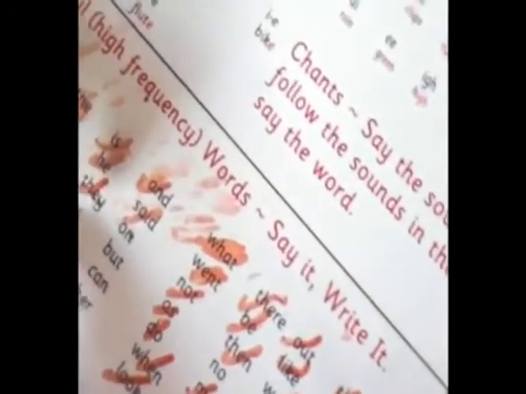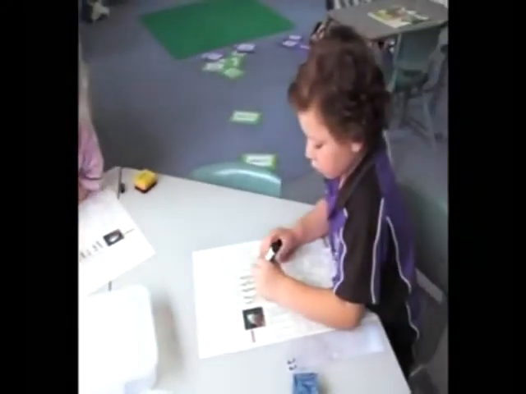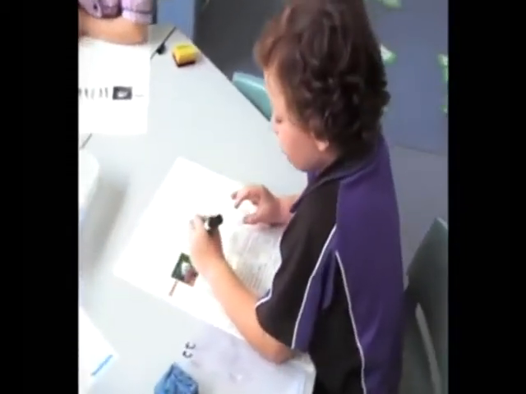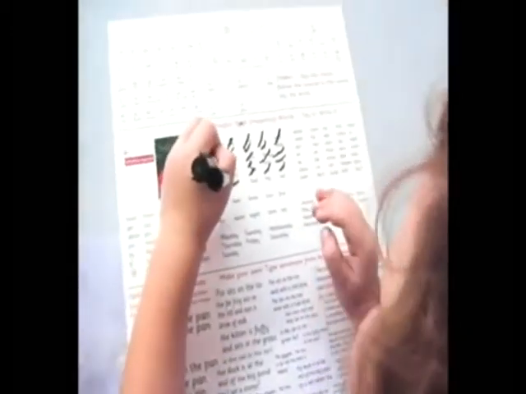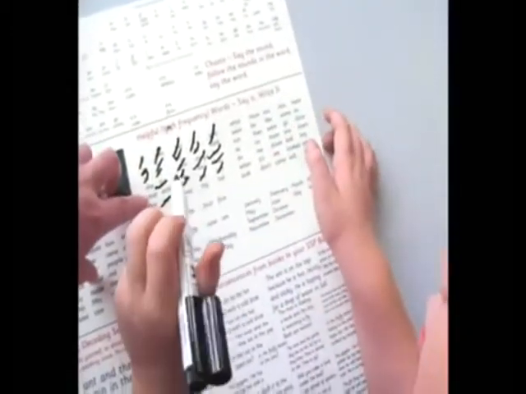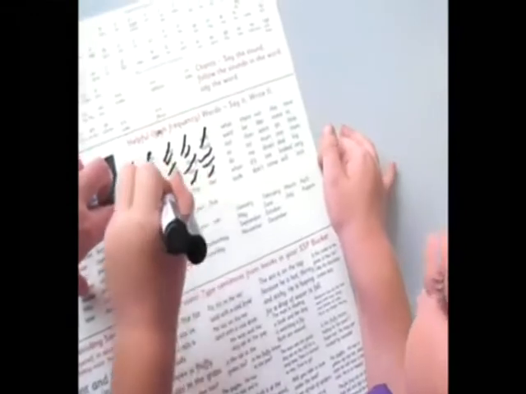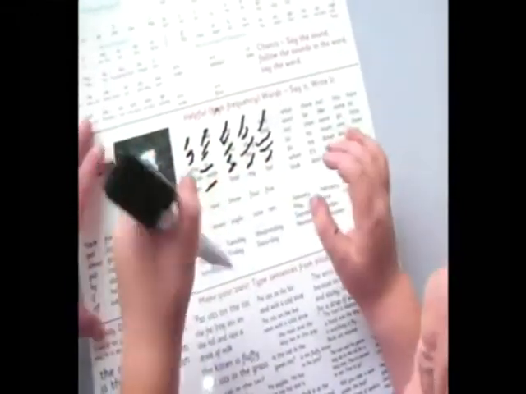Try that one again. A. Good boy. Do you need help with one, mate? Which one, darling? This one here? I need help with someone. Okay, show me which one.